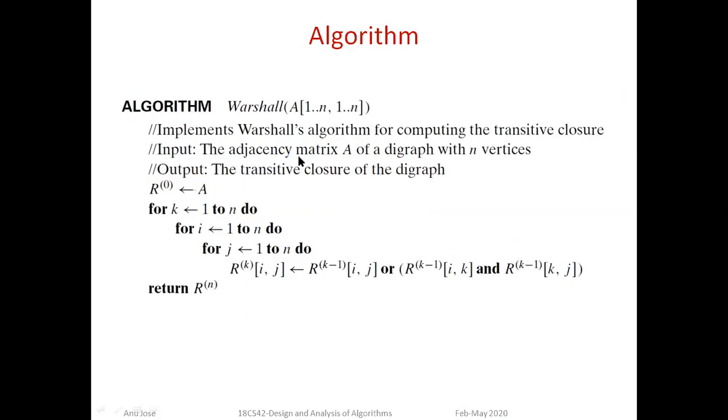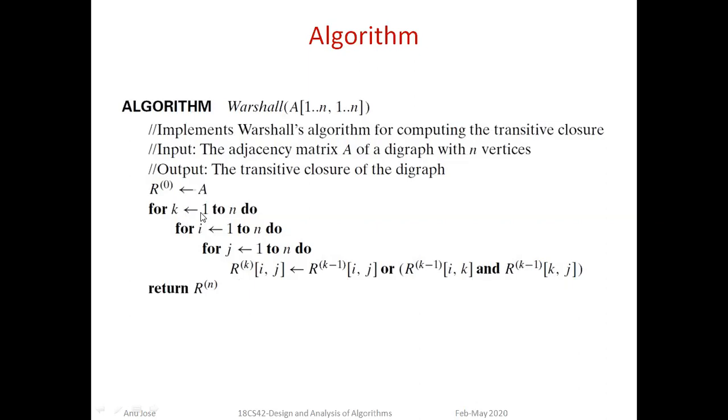The input given to Warshall's algorithm is the adjacency matrix of the digraph, and the output is the transitive closure. And R0 we will keep as A, that is the adjacency matrix you have given. And K is equal to 1 to N. What is that K? We will be calculating different N cross N matrices. So we will be calculating N matrices.